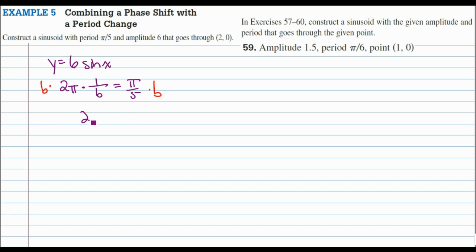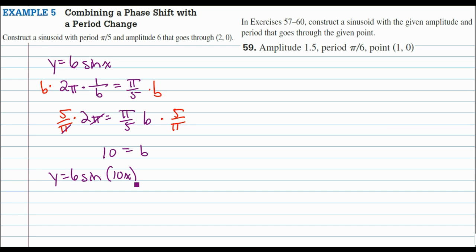Then I get 2 pi equals pi over 5b. And now I'm going to multiply both sides by the reciprocal of pi over 5, so 5 over pi. So I get b equals, those are going to cancel, so that's 10. b equals 10. So now I have y equals 6 times the sine of 10x.